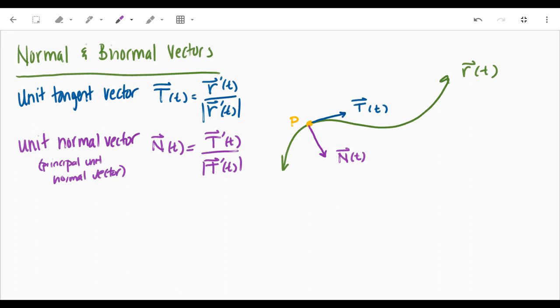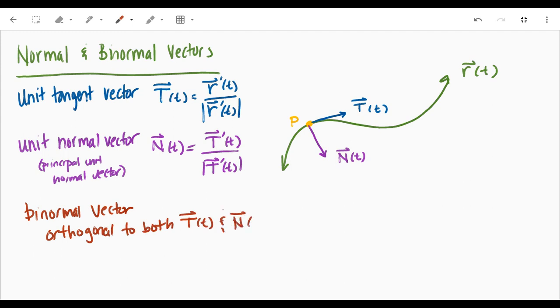Then we have another vector that is called the binormal vector. It is orthogonal to both T and N, and we know from our earlier sections that B would be the cross product of them.